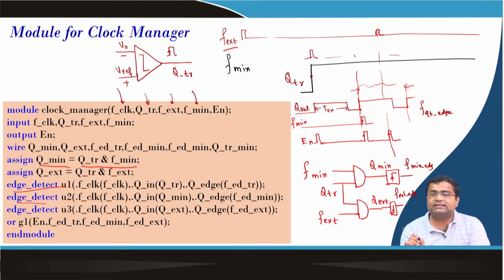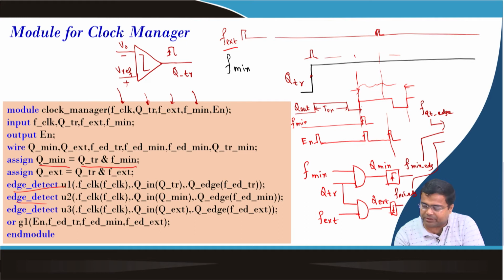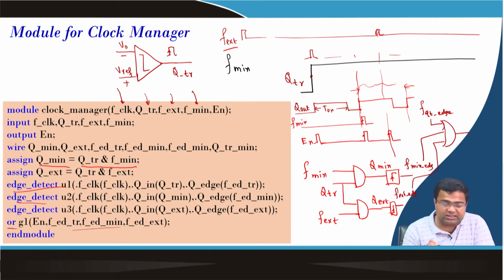All 3 edges will be detected, and these are all ORed. Finally, the OR of all these edges is my final enable signal.